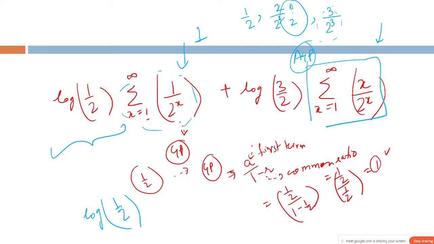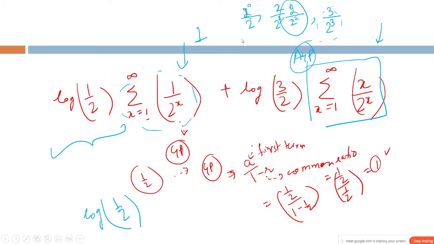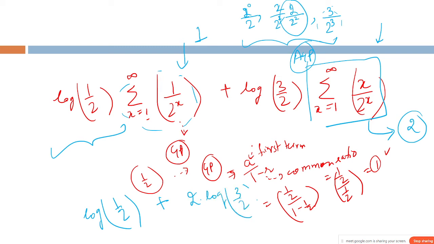If you solve this AGP series, what value you will get is 2. So your final term reduces to 2 into log of 3 by 2.